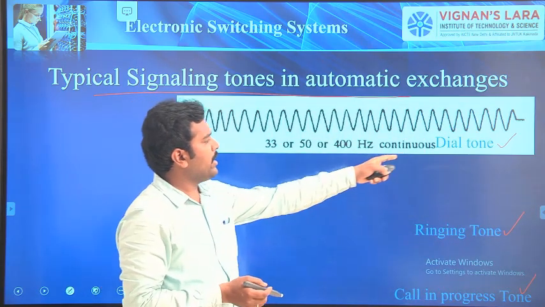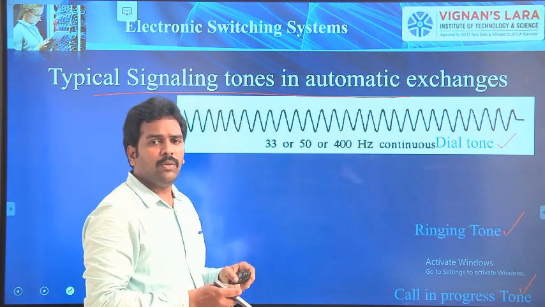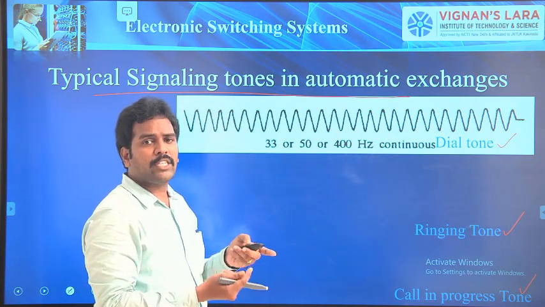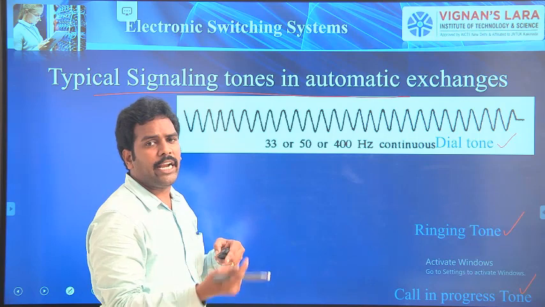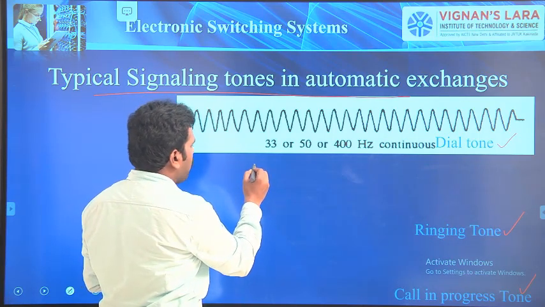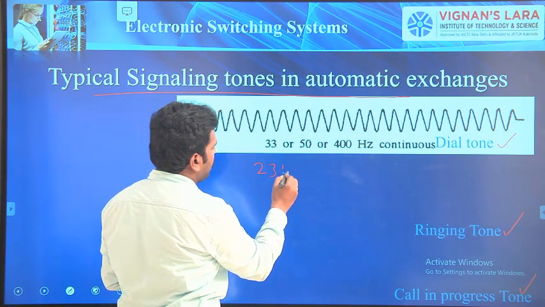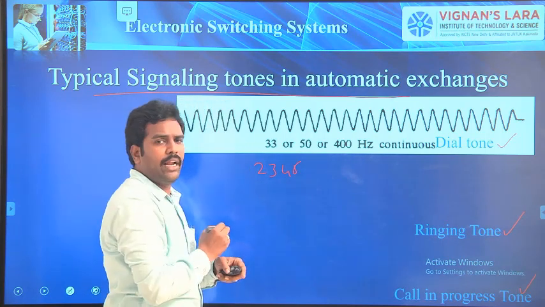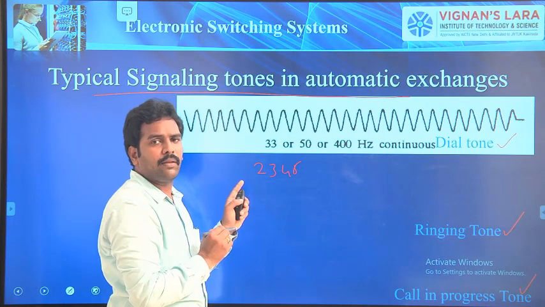So, when we have to send the dial tone, whenever a person hooks off his telephone set, the exchange has to identify it and send a dial tone, because the subscriber should dial a number, right? I want to dial some number, 2, 3, 4, 5.